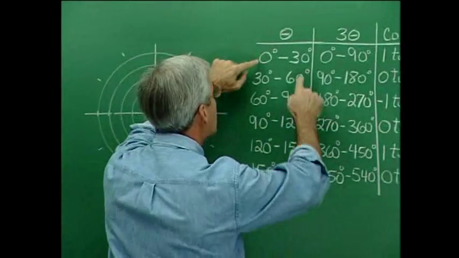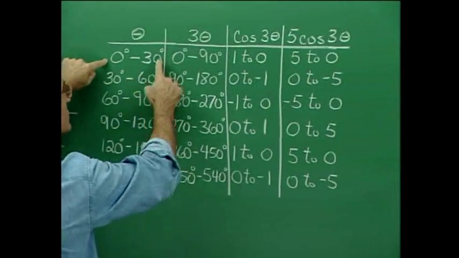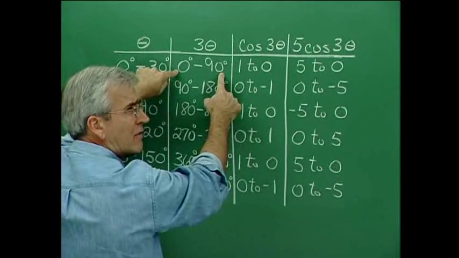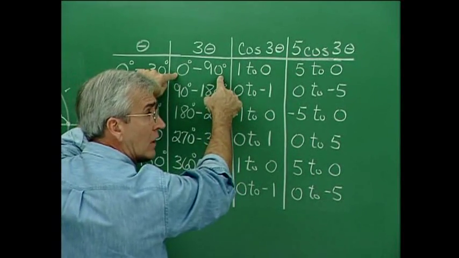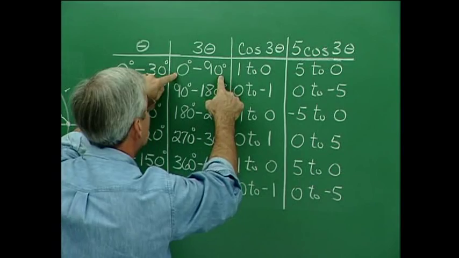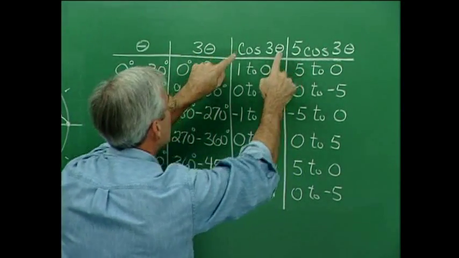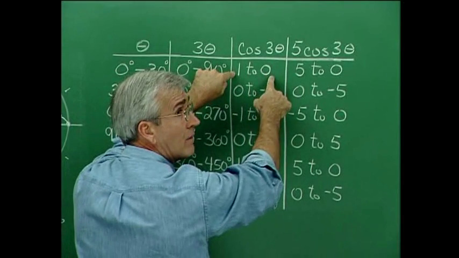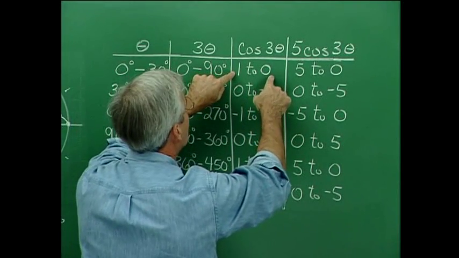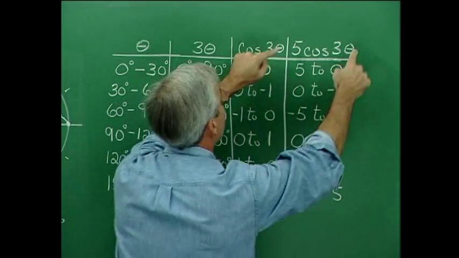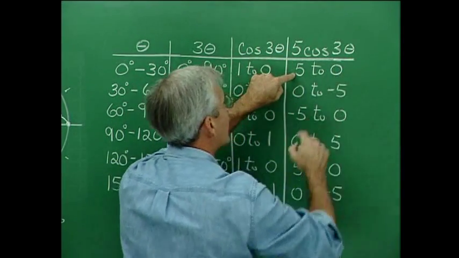As theta changes from 0 to 30 degrees, 3 theta is changing from 0 to 90 degrees. Very important interval here in terms of the graph of the cosine curve. And the cosine of that angle 3 theta is changing from 1 to 0. Very important points from our experience with the graph of the cosine curve. And 5 cosine 3 theta is changing from 5 to 0.